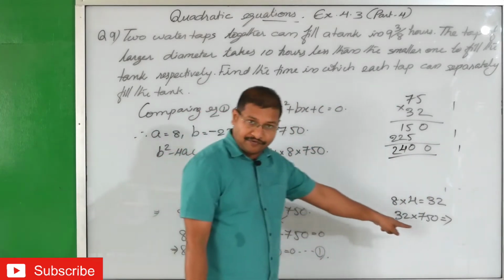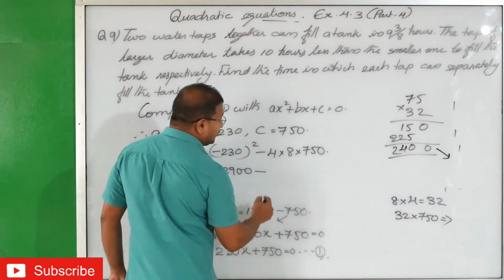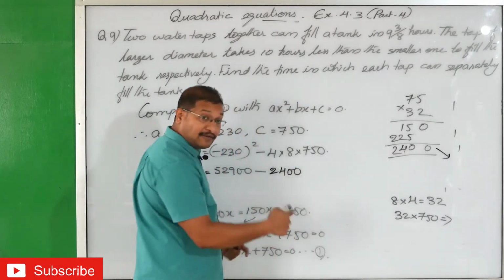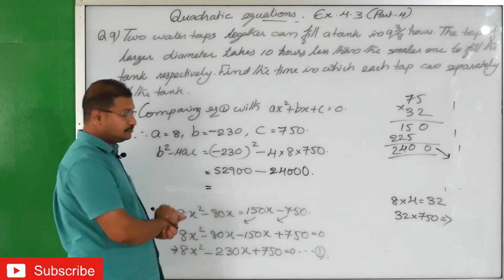But we know that it is 750, that means one more 0 will be put here. So let's write that. 2400 we already got, but 750 means one more 0. Now we'll minus this one.